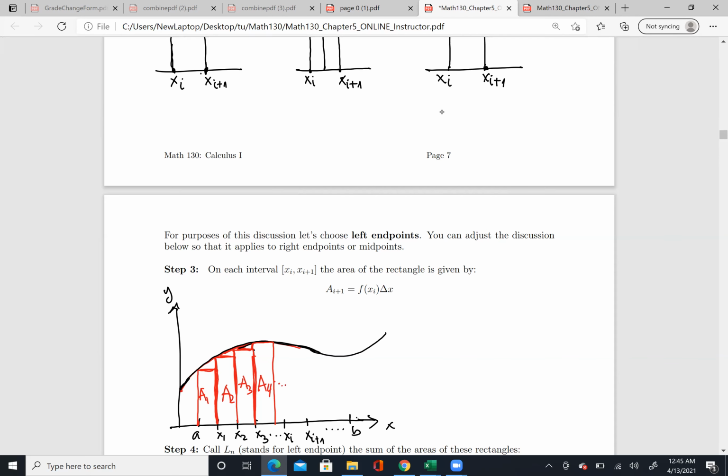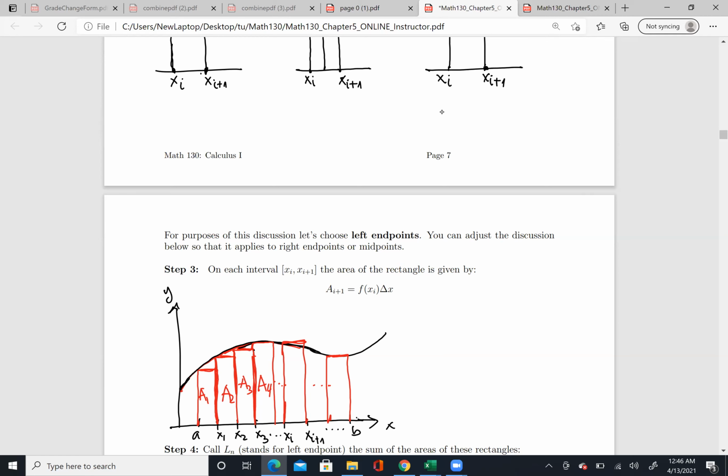And keep going with that. And I have x_i to x_{i+1} here. Here is A something. Okay, so keep going until the last one should be here to here. Not very clear for that, but anyway, so that's still a left endpoint.